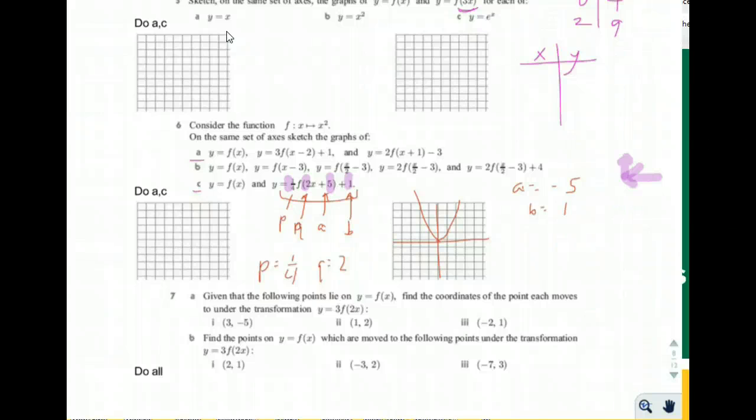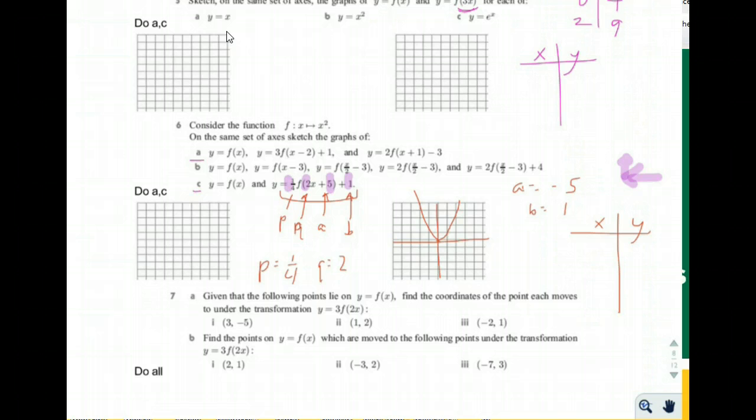And a p value is going to have a tendency of making it short. So this is going to be interesting because the p and the q might kind of work against each other. So the only way to figure it out without the calculator is to make a little table and put in some values.